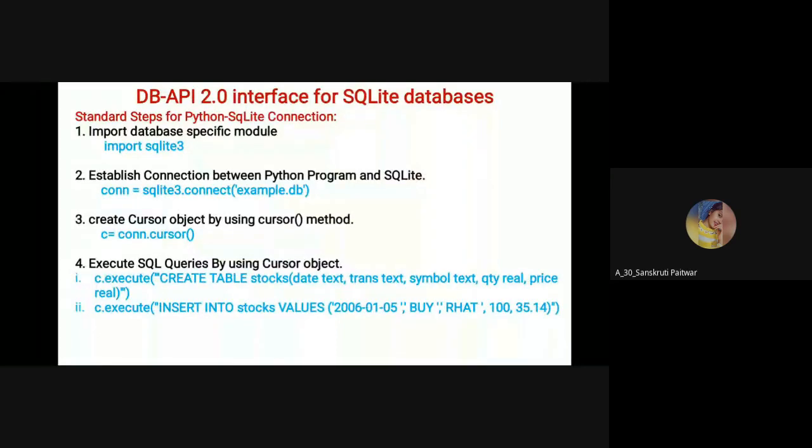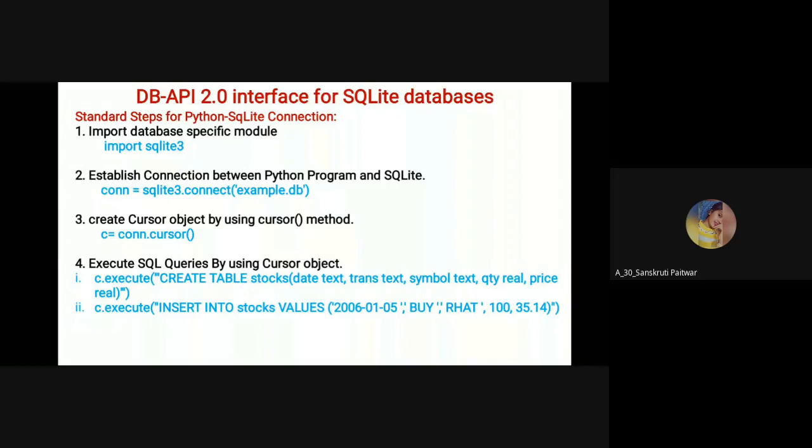Then third step, create a cursor object by using the cursor method. So you can see c = con.cursor(). After this, the fourth step is execute SQL queries by using the cursor object. Now you can see c.execute. I am creating one table here: create table stocks. Whatever columns are there, you can see date text, transaction text, symbol text, quantity real, price real.